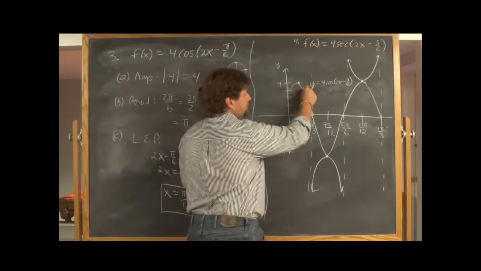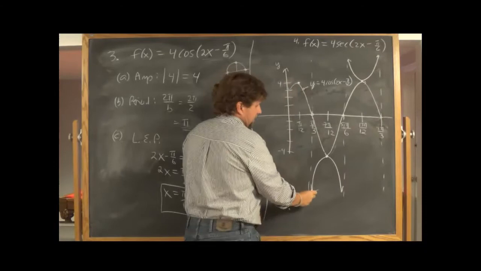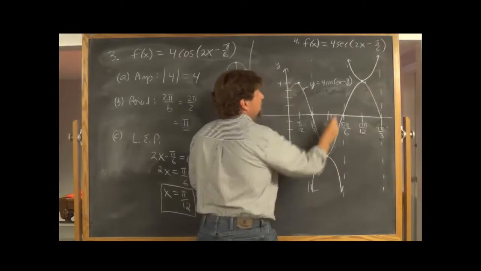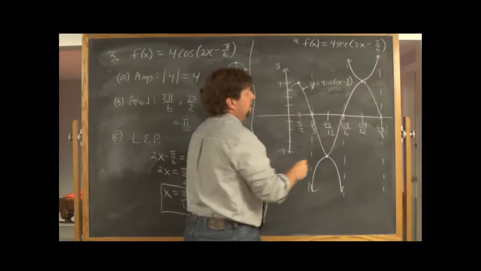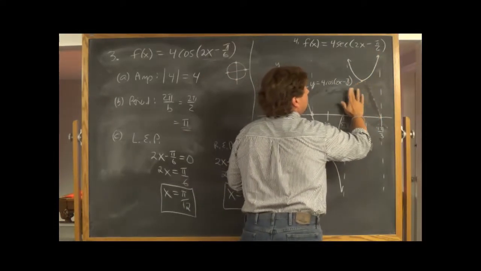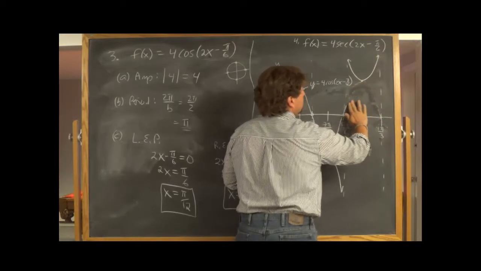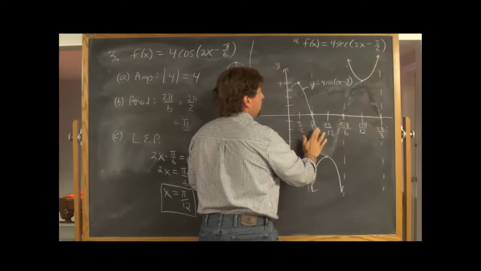Here's the graph for number 3. And number 4, this piece here and this piece up here is the graph for number 4. And I could come in here and erase that cosine graph, in case someone doesn't like it.